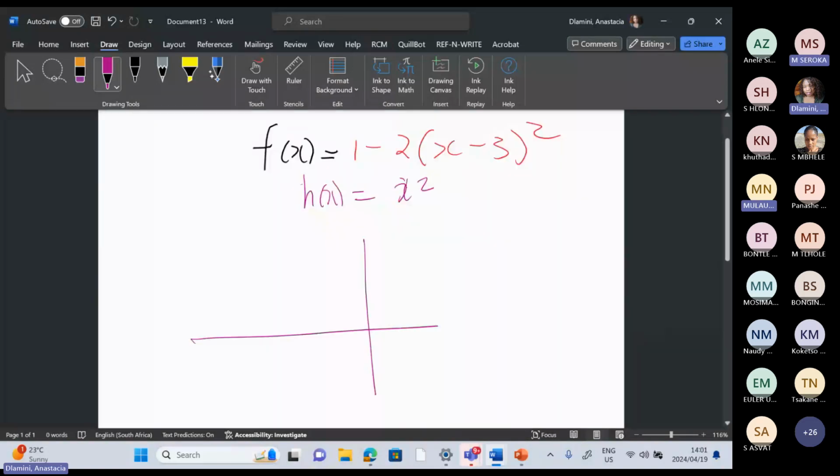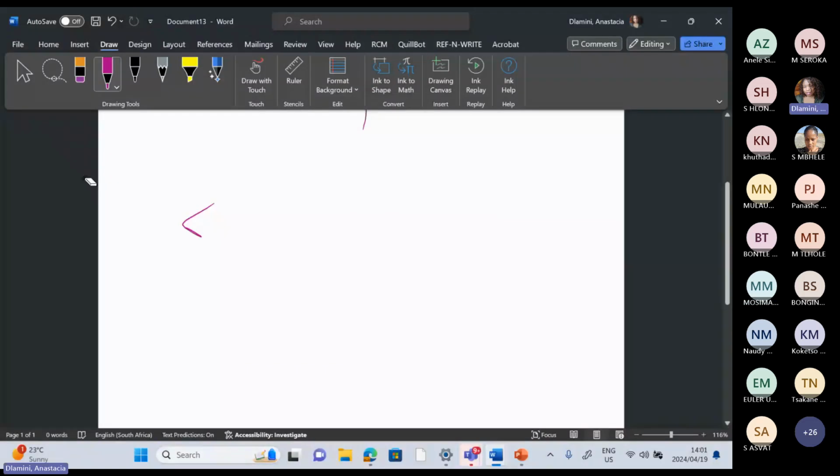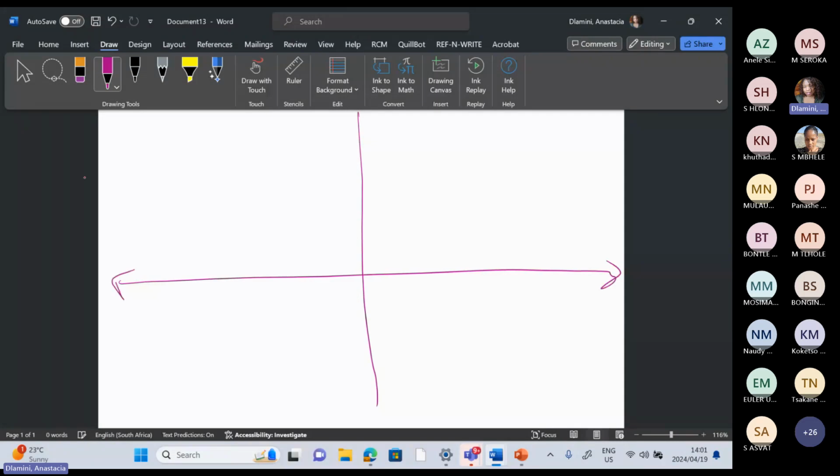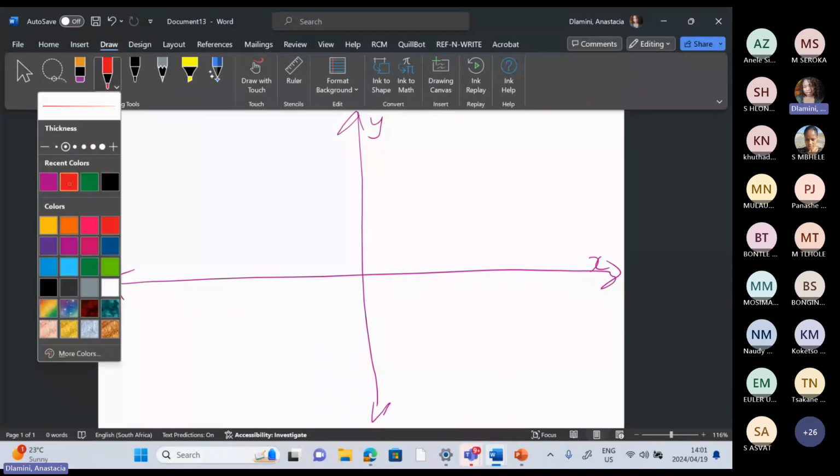Let me make space. Now we're starting to answer some of the exam questions and the assignment questions. So this is y, this is x. So I start with the parent function.